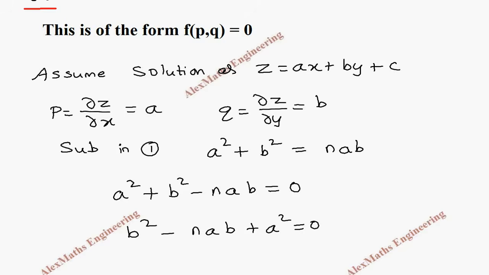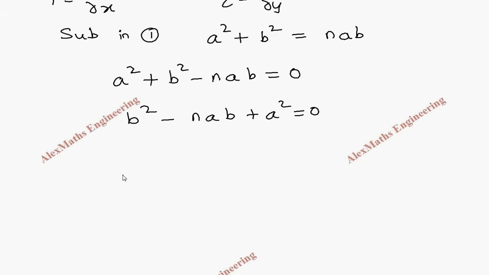To find the value of b, we are going to use the quadratic formula. The general formula is x is equal to minus b plus or minus root of b square minus 4ac, whole divided by 2a. So here the value of a is 1, the value of b is minus na, and this is the value of c.